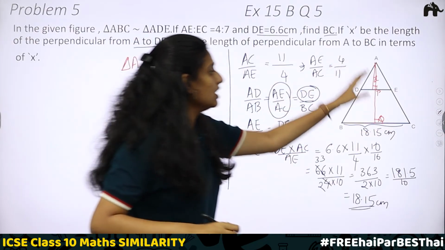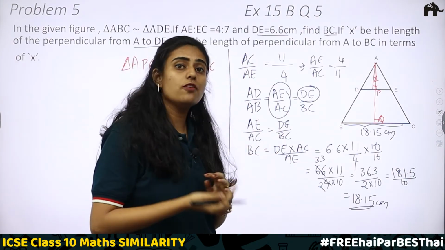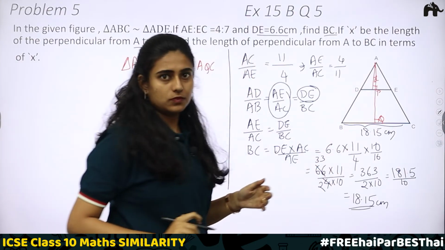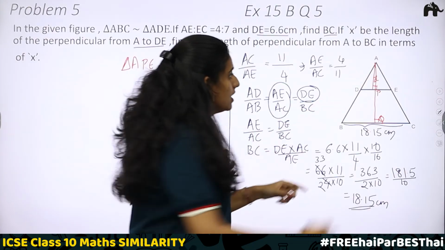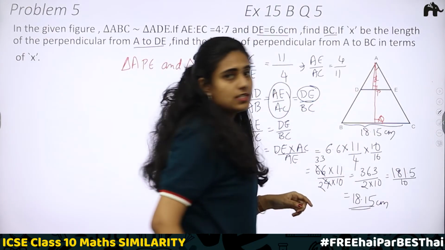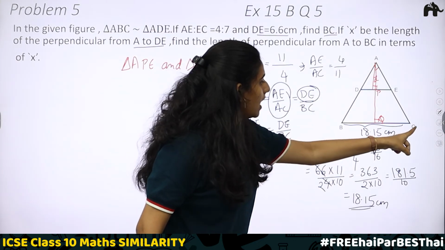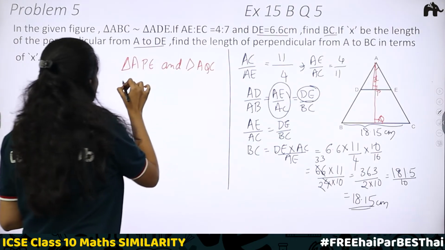Let's see if these two triangles are similar. If they are similar, we can use the ratio of corresponding sides in order to find the length of AQ. When you consider these two triangles, there is a common angle. This angle is common to both the triangles, that is EAP and CAQ are equal.